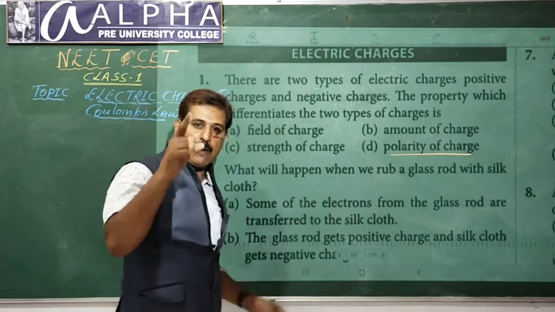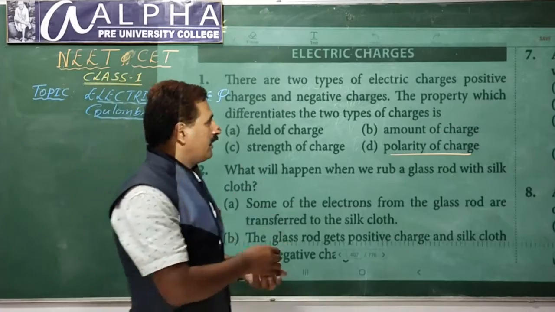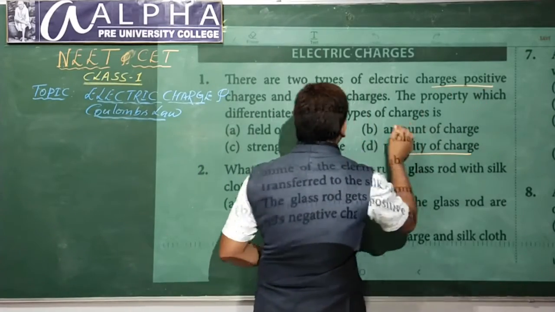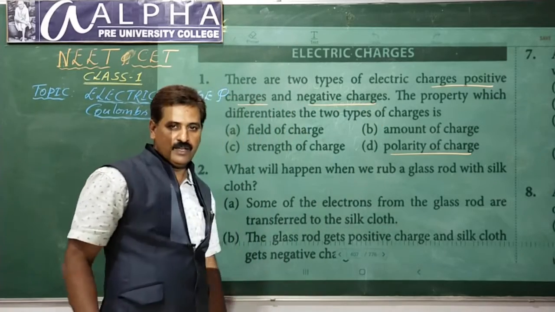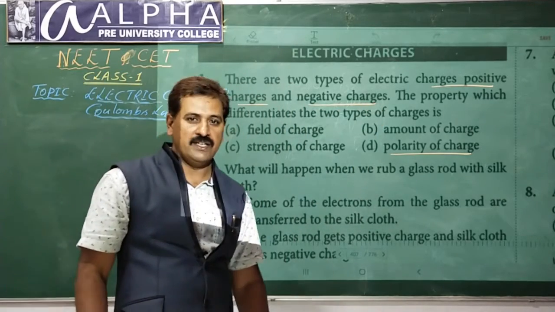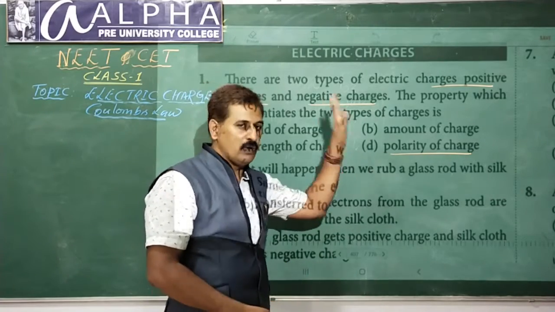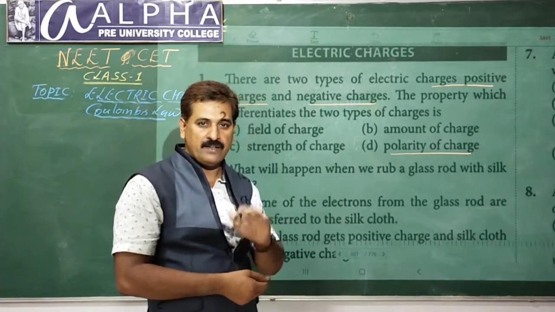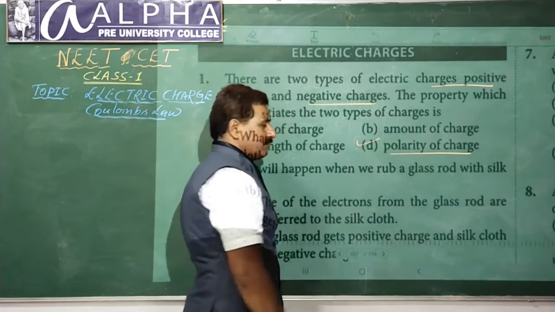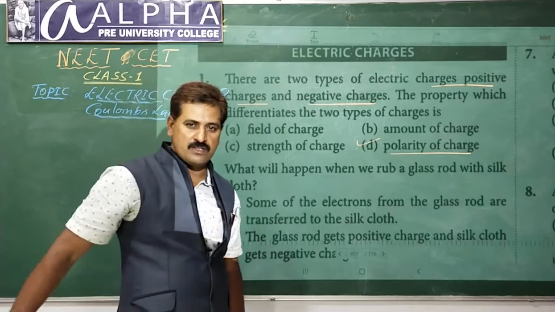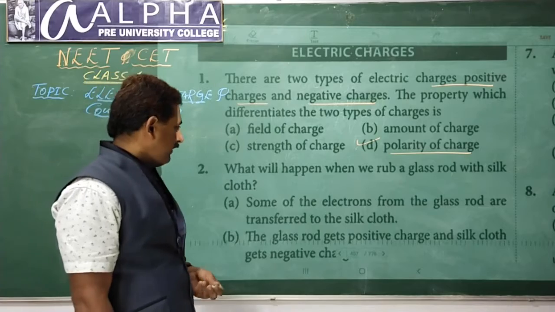Polarity is the property of electric charge that differentiates between positive and negative charges. Very, very important and simple, right? Therefore, the answer is option D, polarity. This is a knowledge-based question. Remember this. It could be a 1 mark question in your regular board examinations.